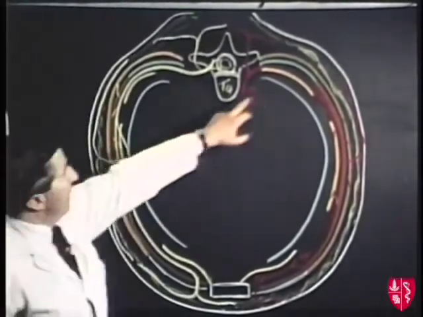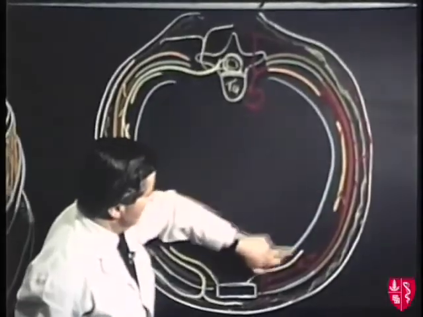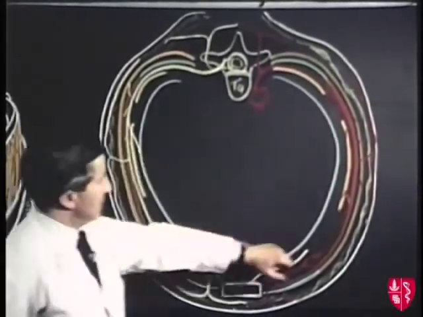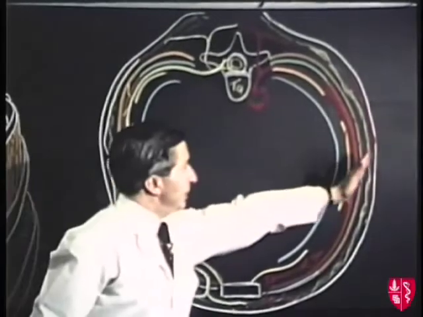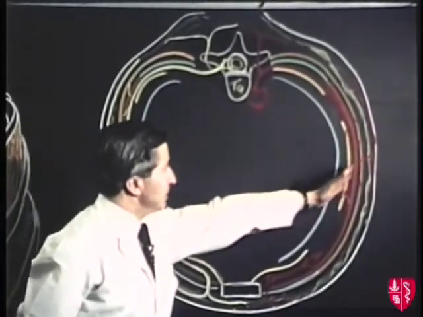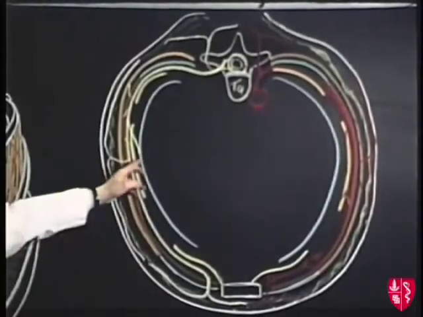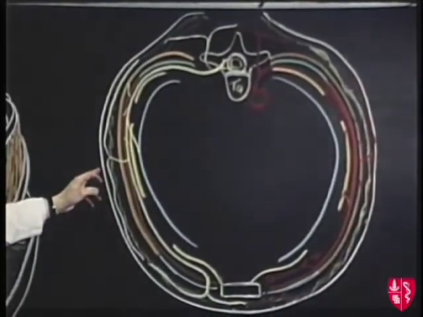That is, they lie between the innermost muscle, the transverse thoracis, and the internal intercostal muscle. And they supply the full thickness of the thoracic wall in the intercostal space, extending from the parietal pleura out to the skin.